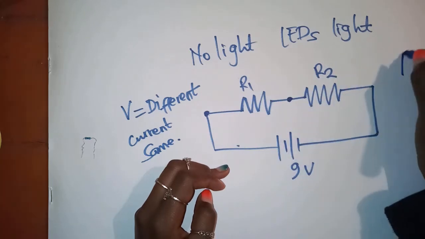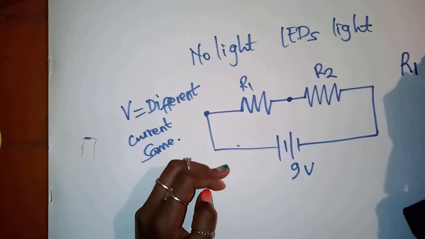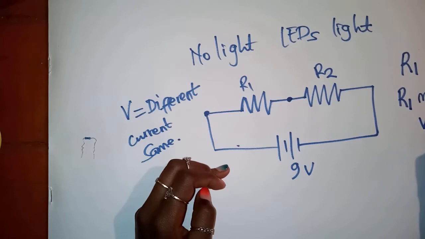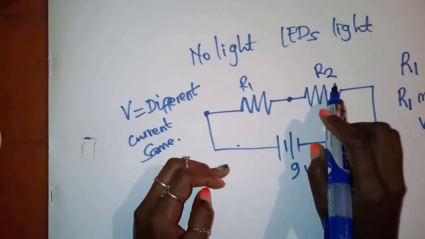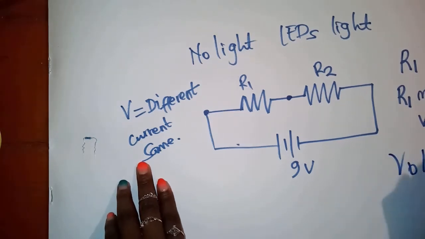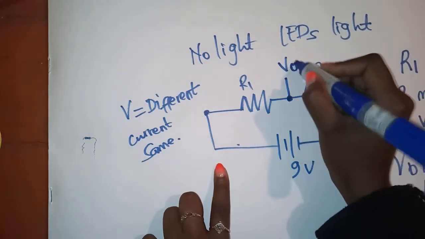So if resistor 1 is greater than resistor 2, then resistor 1 will have more voltage across it compared to resistor 2, and that's voltage division for short. Therefore we are playing with the voltage here. This will be our V out.